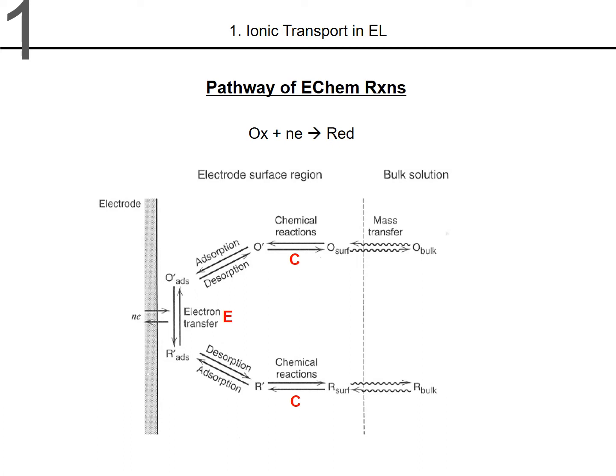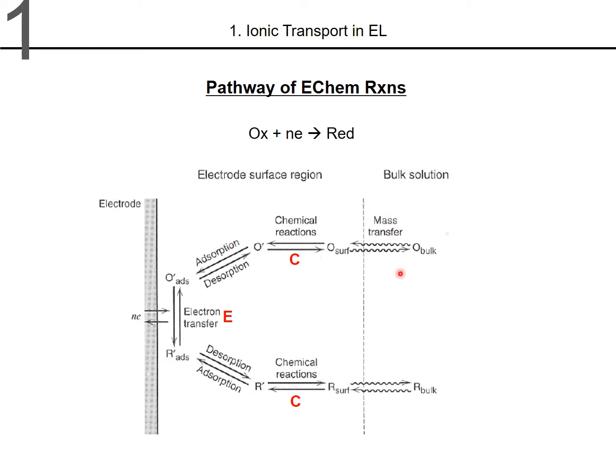Okay, let me think about the ionic transport in electrolyte. So here is the overall pathway of electrochemical processes. The reaction is that an oxidized species gets some electrons, then goes toward a reduced species. So here is the electrode and electrolyte. Some oxidized species existing in the bulk solution is moved to the electrode surface.